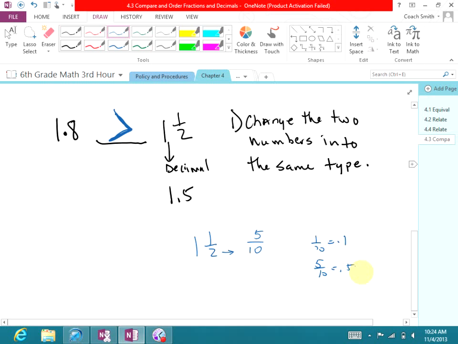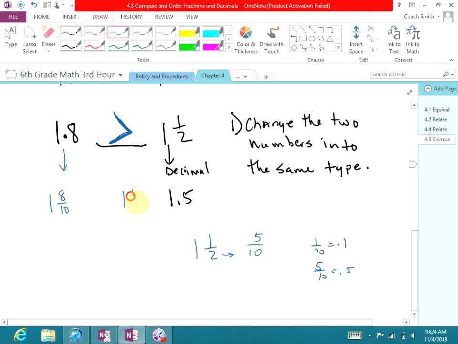The other thing that you could have done is taken this and making it 1 over 1 and 8 tenths. Okay? And then you could have taken 1 over a half, get a common denominator of 10, which makes that 1 and 8 tenths, and this 1 and 5 tenths. And obviously 8 is larger than 5. That's the other way you could have done it.